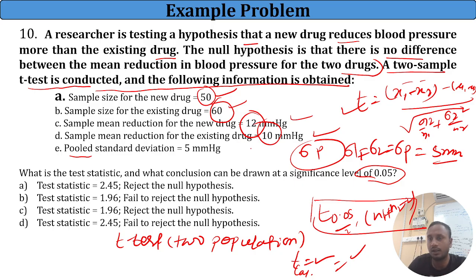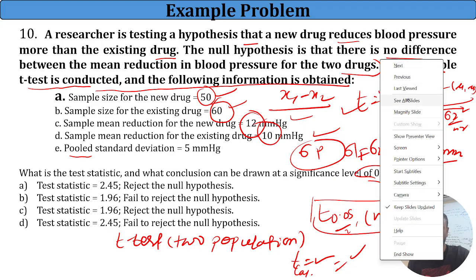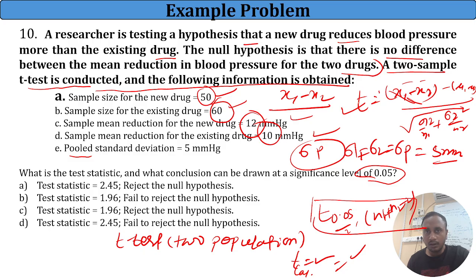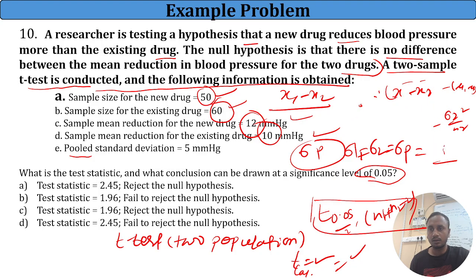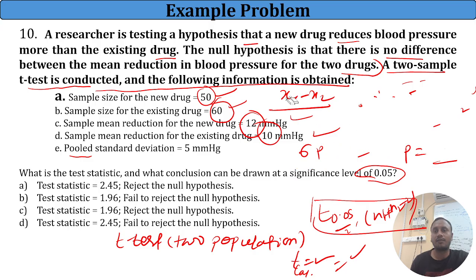This is the formula, na? What is the formula? Actually, tell me. There will be no concept of mu, na?